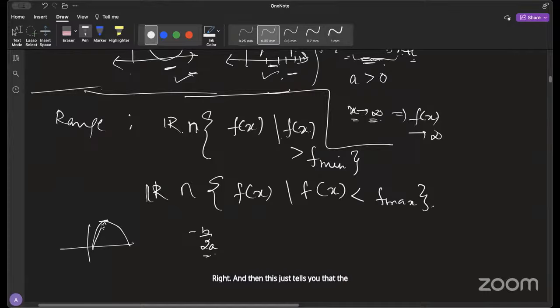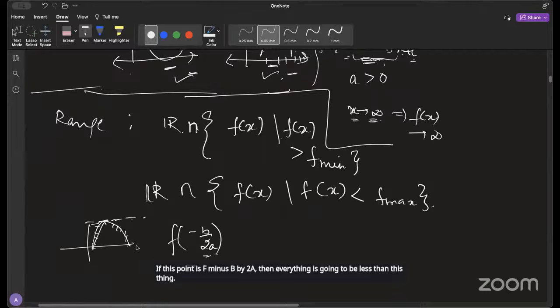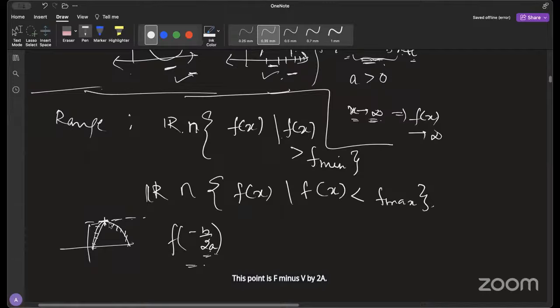The function's values, all of these, are going to lie below this value. If this point is f(-b/2a), then everything is going to be less than this, because this is the highest value.